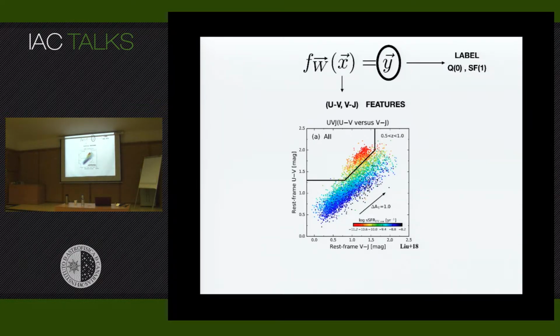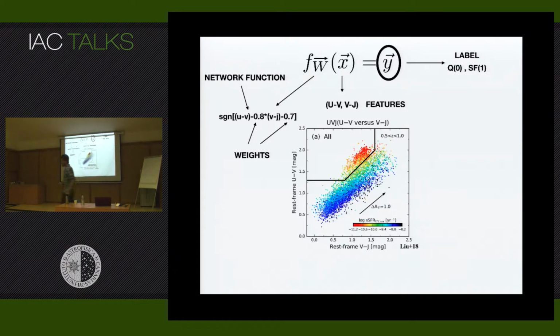I took the data and will use some filters to try to get this label. In the particular case, there are 3 magnitudes and 2 colors. My filters are U minus V and V minus J. This is the X, the filter space. And I will have a function that maps these filters into my label.